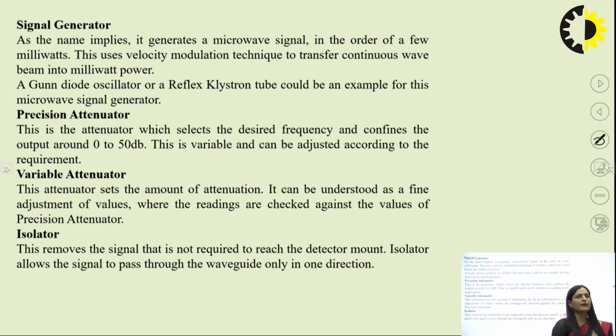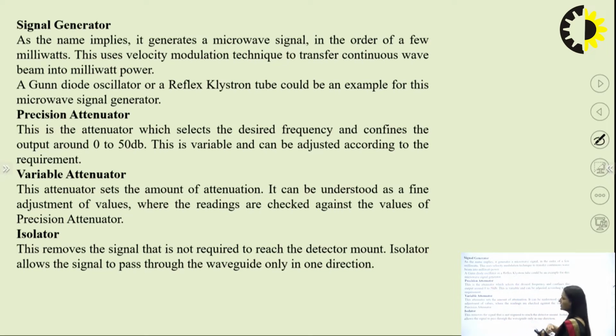So see, what is the signal generator? As the name implies, it generates a microwave signal in the order of a few milliwatts, and it uses the velocity modulation technique to transfer the continuous wave beam into milliwatt power, because we are using the klystron tube here.